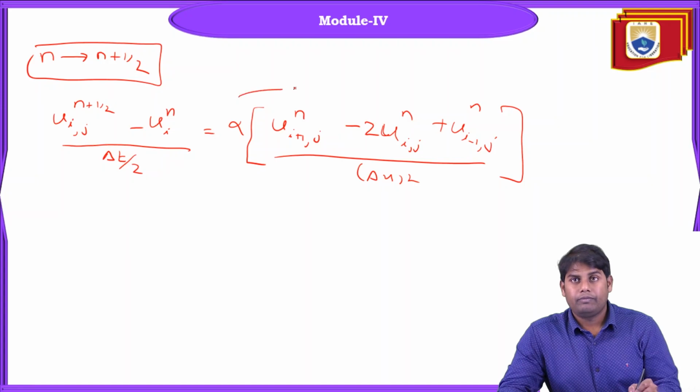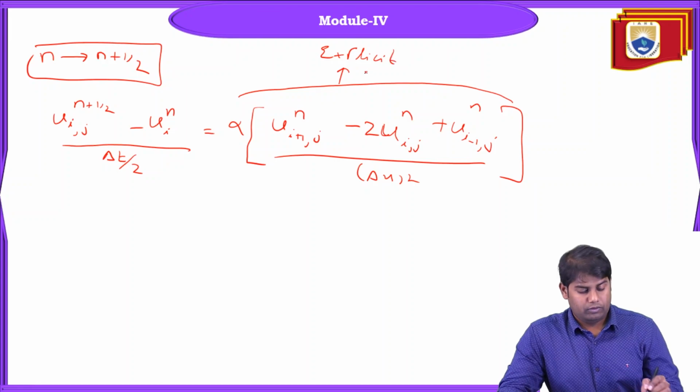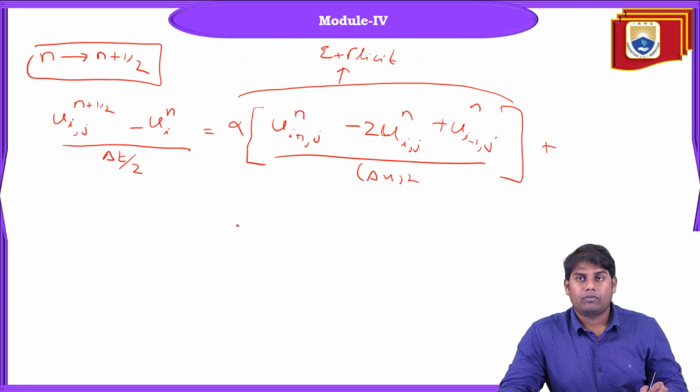So this term is what? This is explicit, plus alpha into, next here, u of i comma j plus 1. Here what is the power? n plus half.